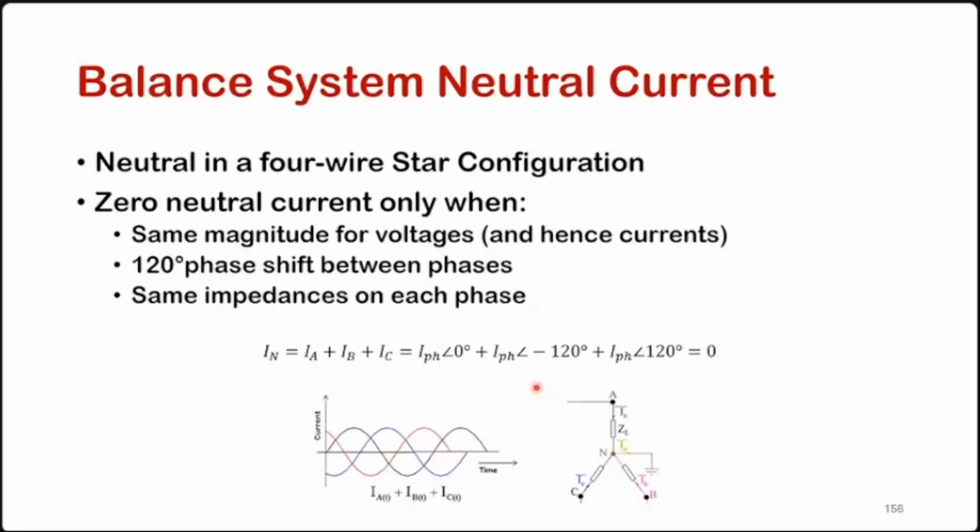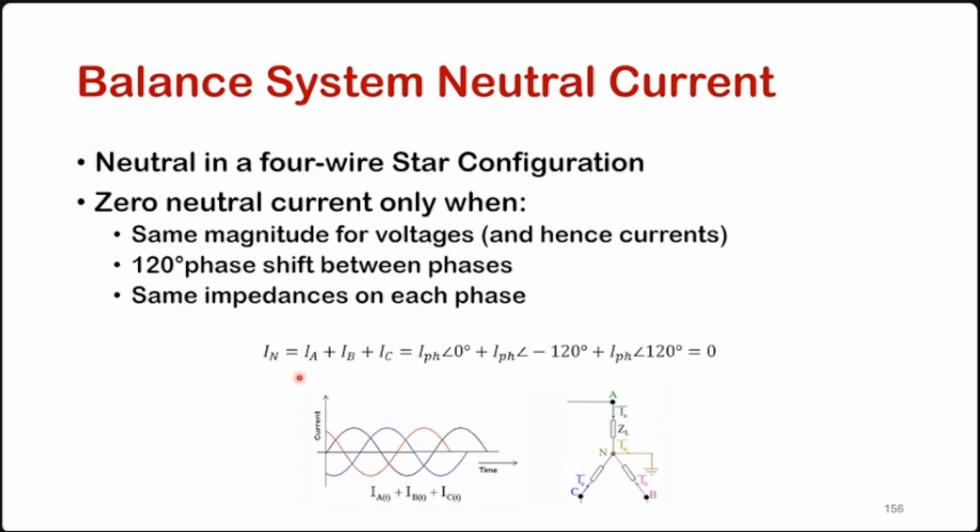Also, I think you had a question in your post lab. It's a proof that the neutral current is zero for a balanced system. Yeah? For a balanced system with Y configuration, your phase and line currents are the same, and each of them are spatially 120 degrees apart because of that balanced system.